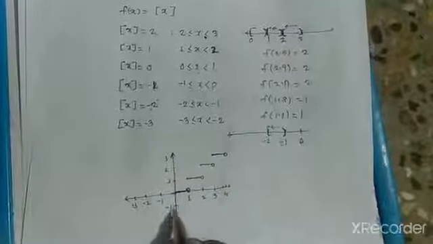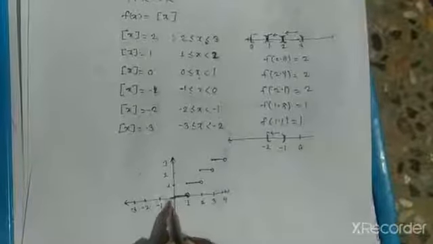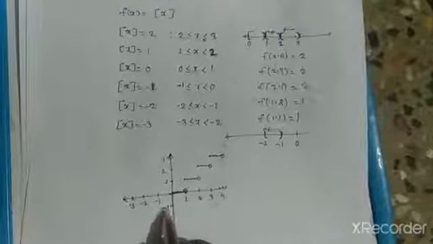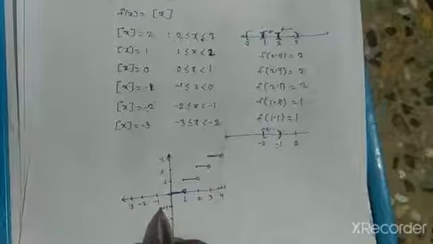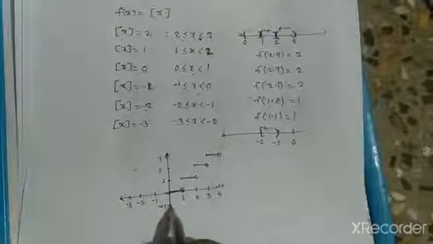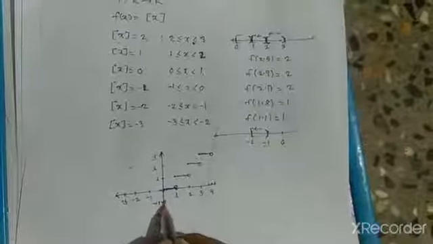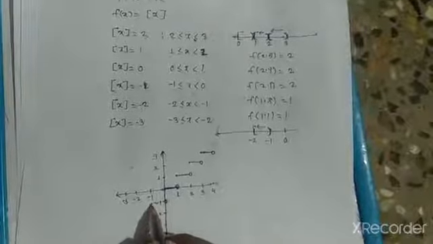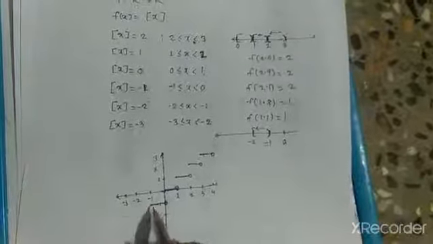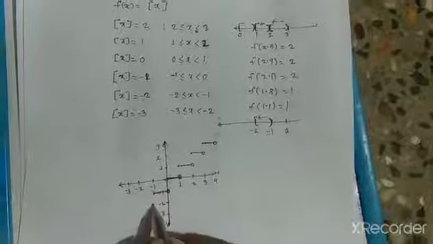For the negative side, for -0.1 it is -1, for -0.2 it is -1, for -0.3 it is -1, for -0.5 it is -1, and for -1 it is -1, but here at 0 it will not be. For 0 it will not be included. All remaining points will be included. For -1 it is -1, so this will look like this. Next, at -1 it is not -2.